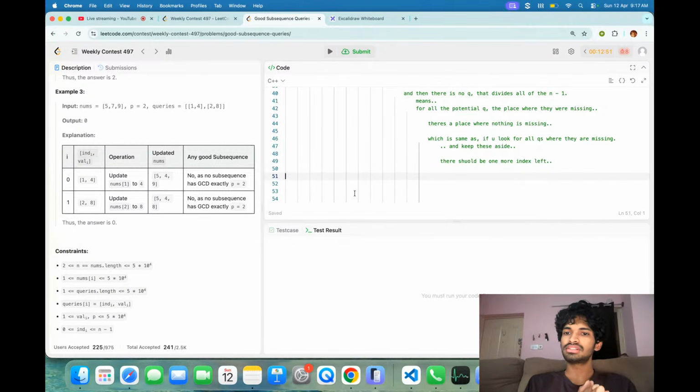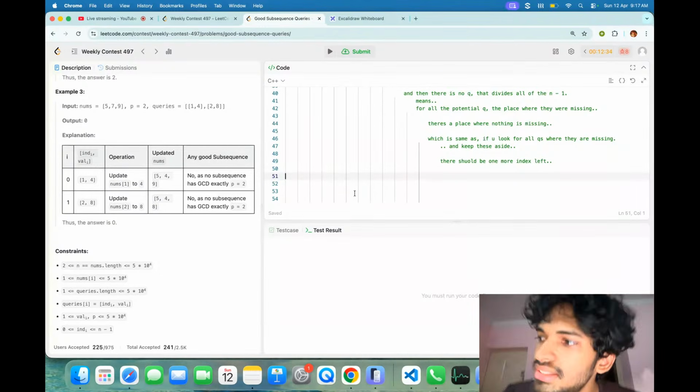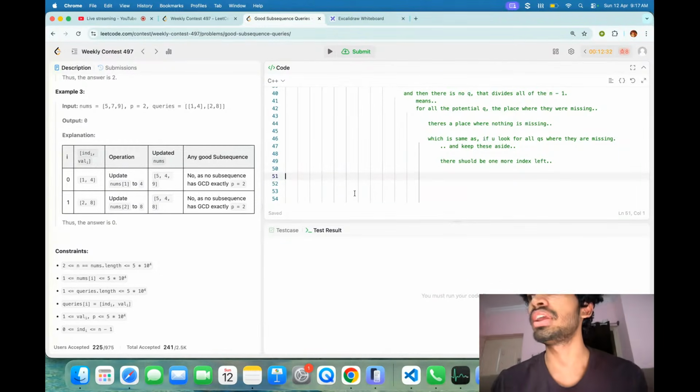For all the divisors, I will maintain these counts, okay? And when they reach n minus 1, I will maintain it.